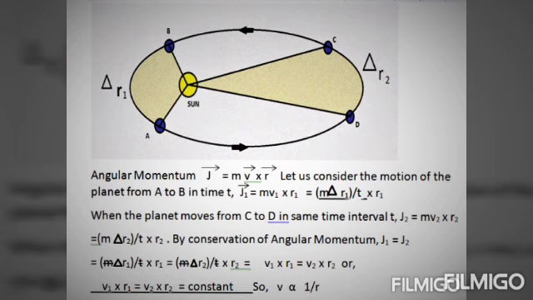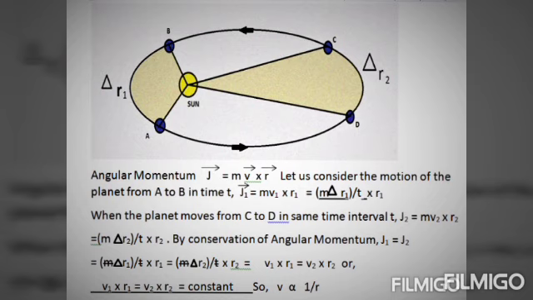So m delta r1 by t cross r1 is equal to m delta r2 by t cross r2. We are just substituting the values. m cancels and t also cancels, so it becomes v1 vector cross r1 vector is equal to v2 vector cross r2 vector. That is, v1 r1 is equal to v2 r2, which is a constant k.